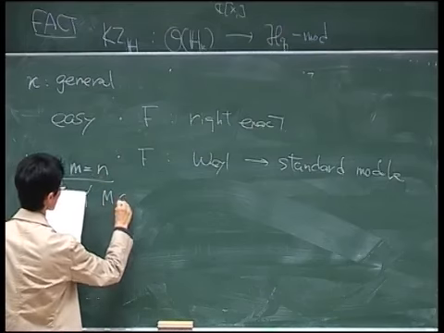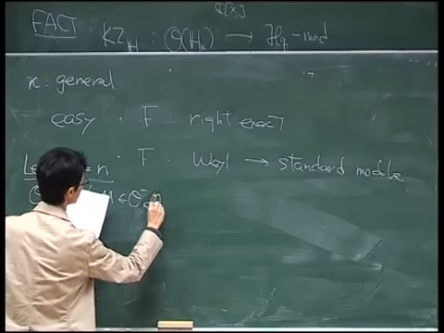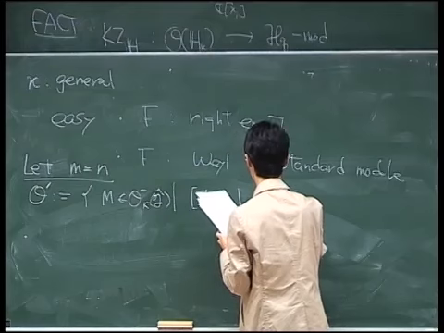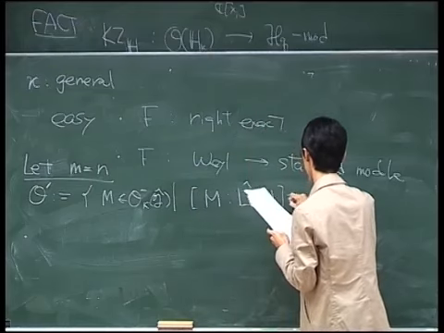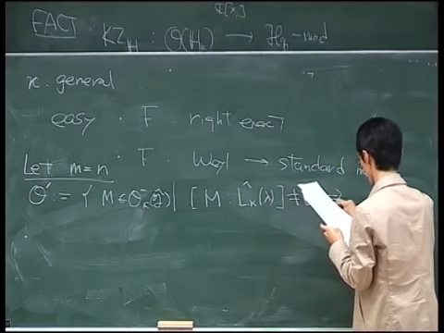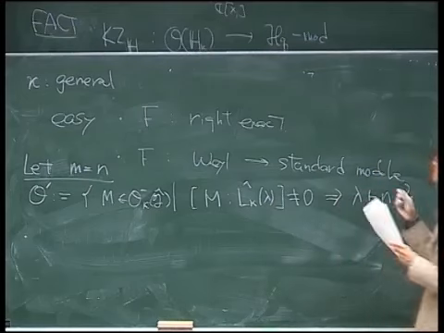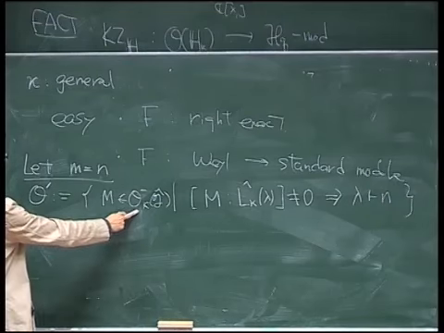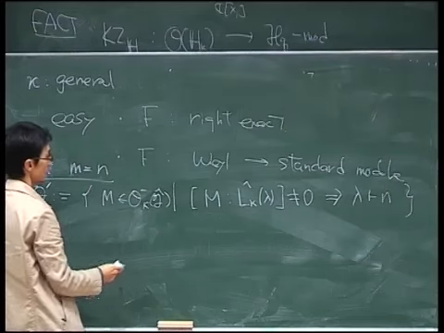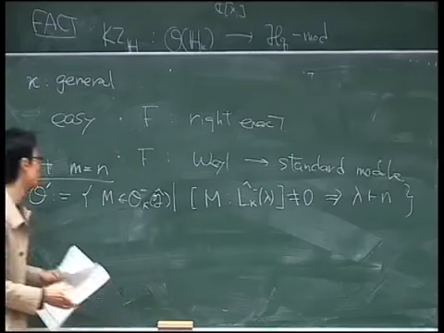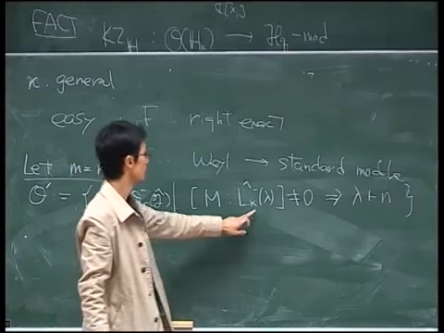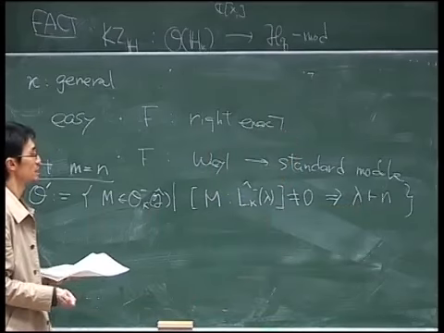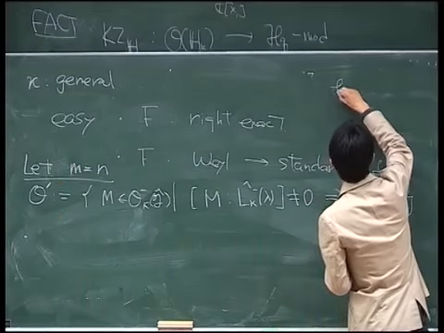So consider the full subcategory of O kappa minus whose Jordan-Hölder components always have lowest weight corresponding to a partition of n.